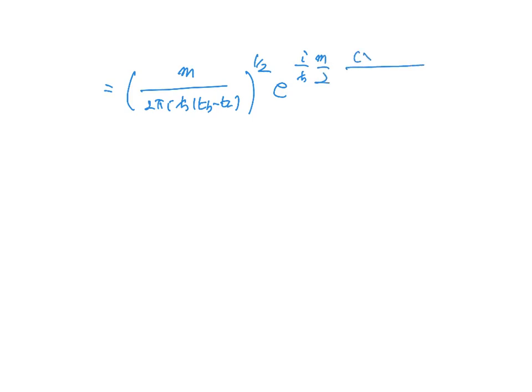So this becomes m over 2 pi i h bar (tb minus ta) to the 1/2, exponential of i over h bar, m over 2, (xb minus xa) squared over tb minus ta, times i over h bar times m (xb minus xa) over (tb minus ta).